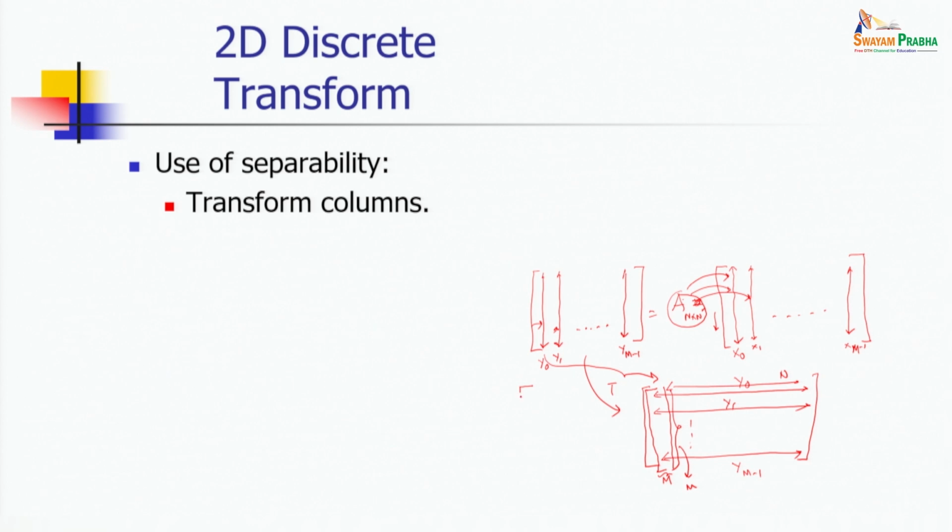So here you require the transformation matrix corresponding to m point transformation, a transformation matrix A of m cross m, and you are multiplying it.